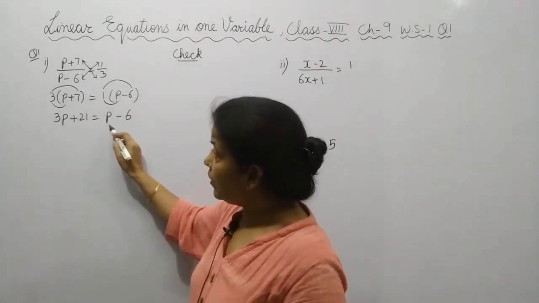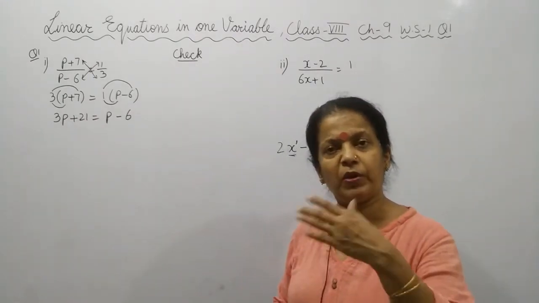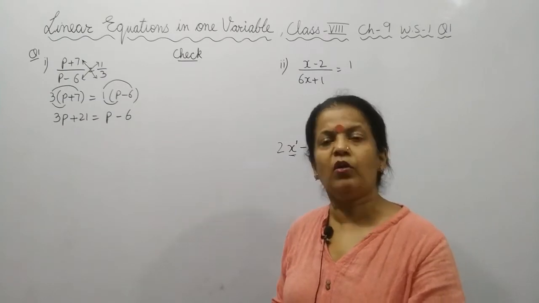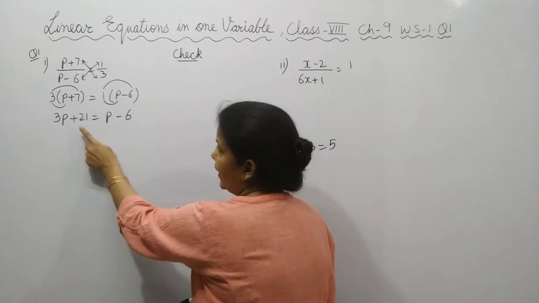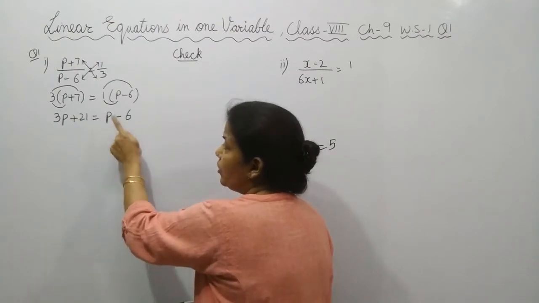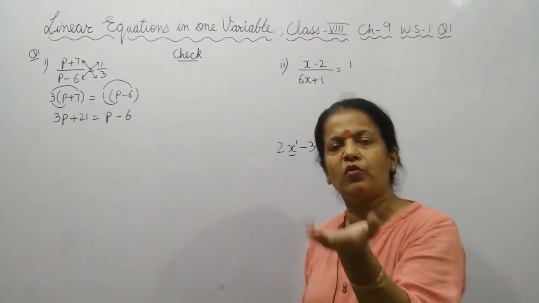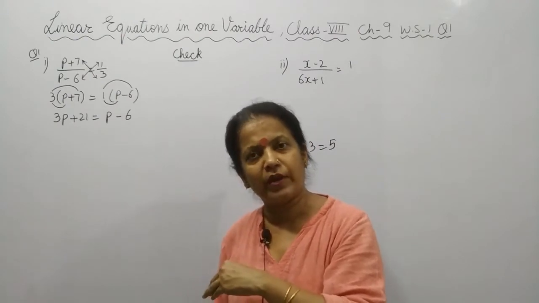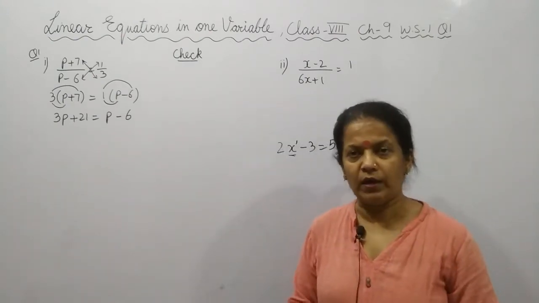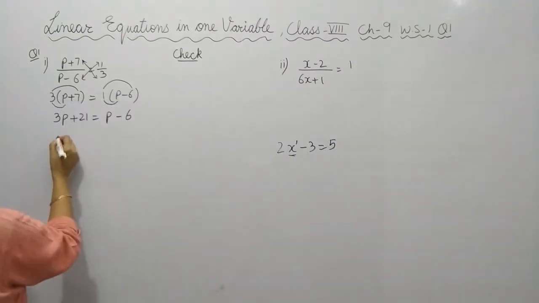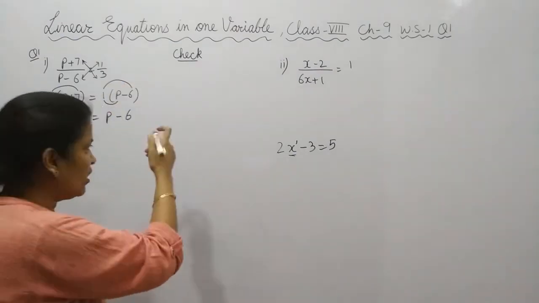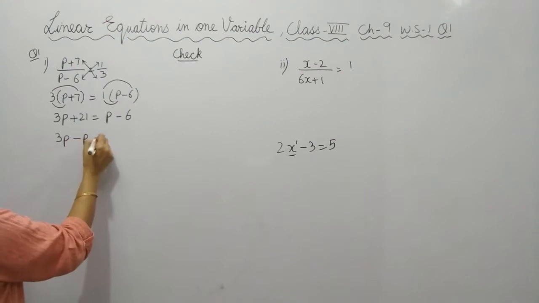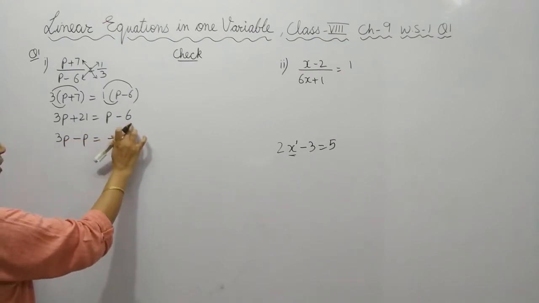The like terms, same terms, you will keep on one side of the equal sign, and the constant terms, with which no variable is written, you will keep on the other side. So we will shift it like this. 3p, this p we will shift to this side, so minus p, equal minus 6 is already there.